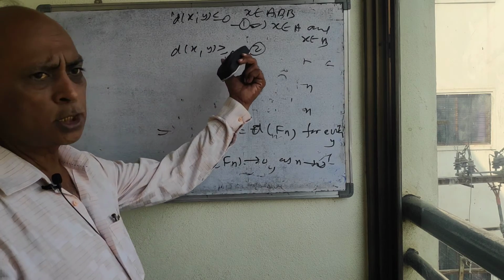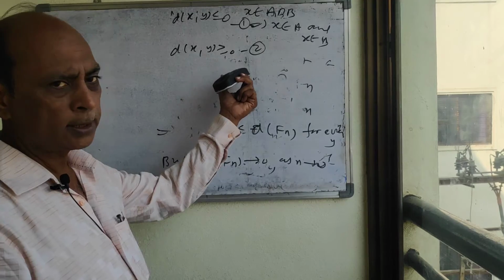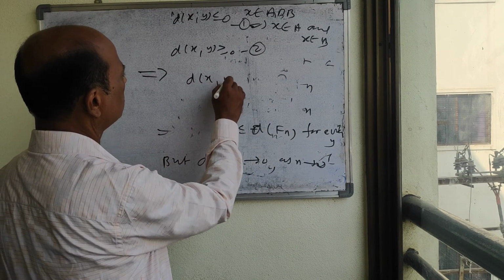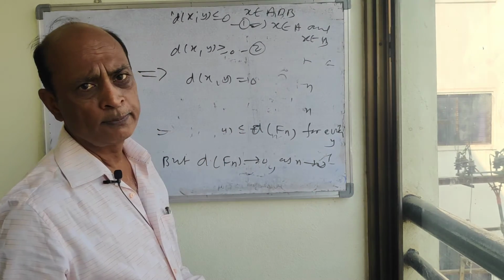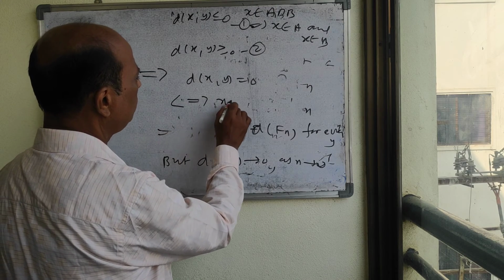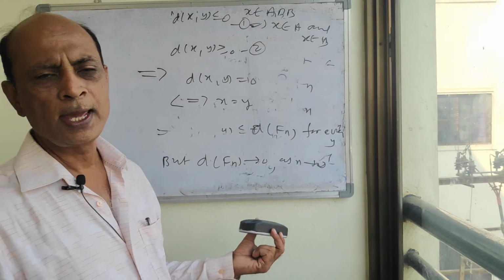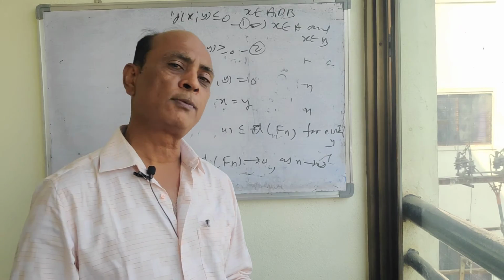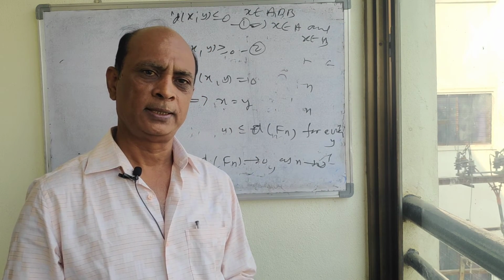So by combining these two arguments, d of x, y less than or equal to 0 and d of x, y greater than or equal to 0, which implies that d of x, y must be equal to 0. There is one more property of metric: d of x, y is equal to 0 if and only if x is equal to y. It means we have shown that x is equal to y, and therefore the point x belonging to that intersection of Fn is unique, that is, exactly one point.